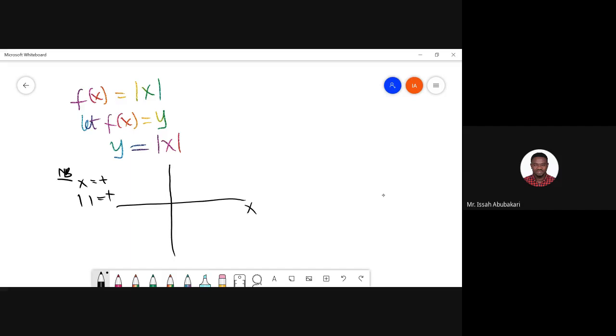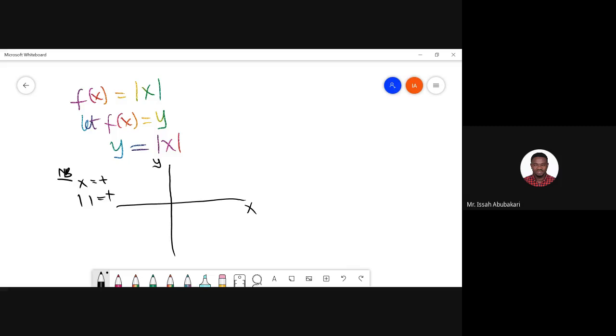This is your x value and this is your y. And at the end, because whatever is in the absolute bracket, we equate it to 0. Then we solve for the variable, which is x. Because this one is just x, x is equal to 0. So we are going to have x is equal to 0.